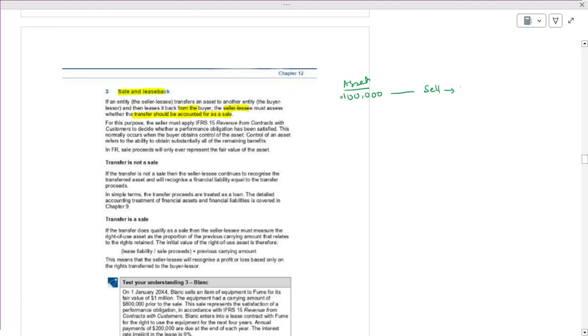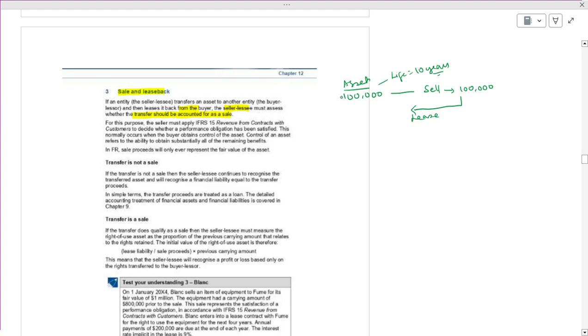Assume you are selling the asset for 100,000 only. Now, after selling the asset, you will get it back on lease. When you get it back on lease, what happens? Assume the life of the asset is 10 years.